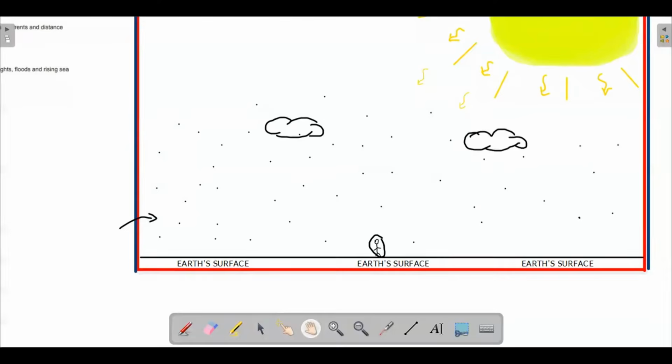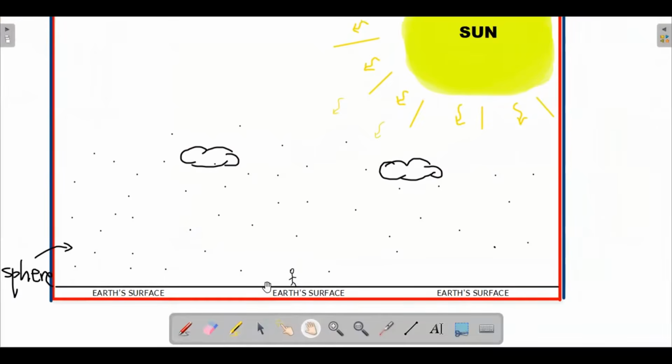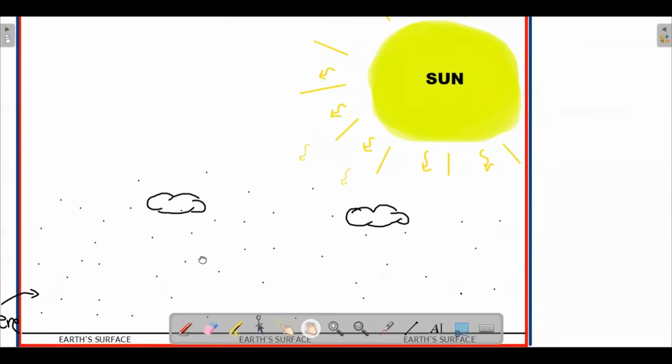In which layer is this guy at? Okay, what is this layer, guys, where we have the weather that is closest to the Earth's surface? We call that the troposphere, right? Okay, remember all of your layers, guys, and in order, and all of the characteristics of each layer. And I'm telling you, it's going to be asked.